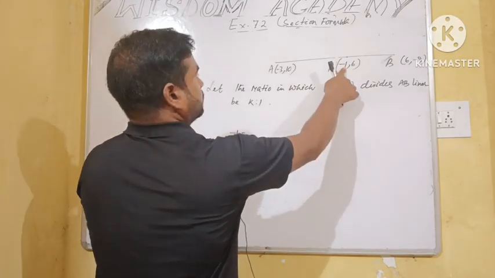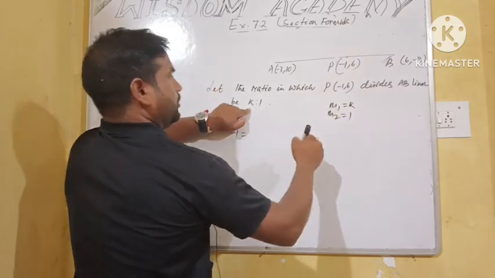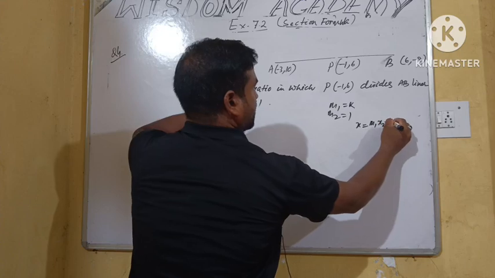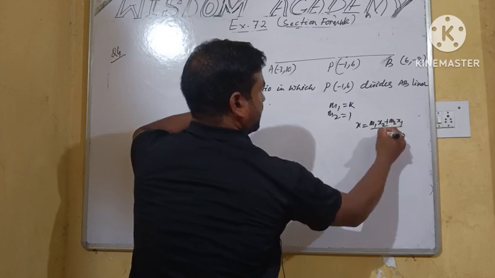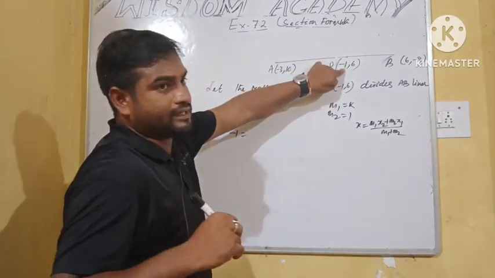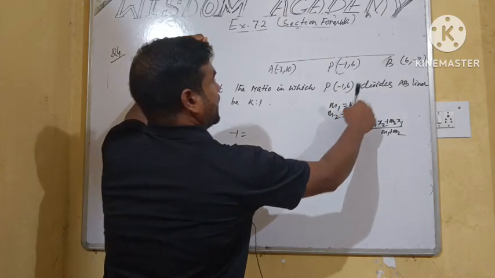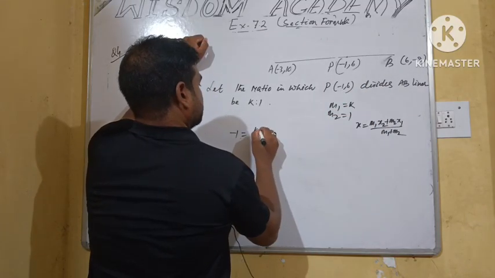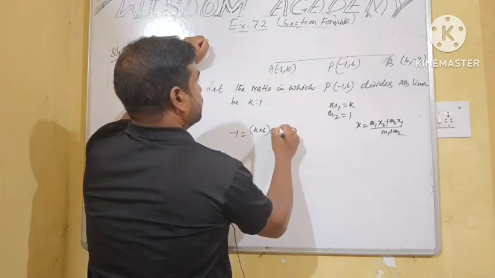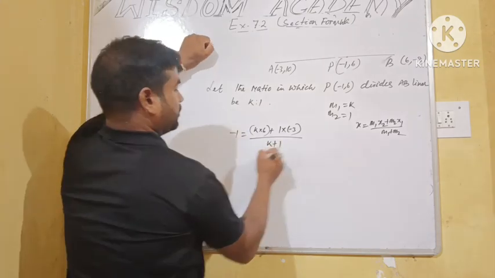-1 is equal to... M1 is K, M2 is 1. So X is equal to (M1 into X2 plus M2 into X1) by (M1 plus M2). So -1 is the X. M1 into X2 means K into 6 plus M2 into X1, 1 into -3, by M1 plus M2, which means K plus 1.